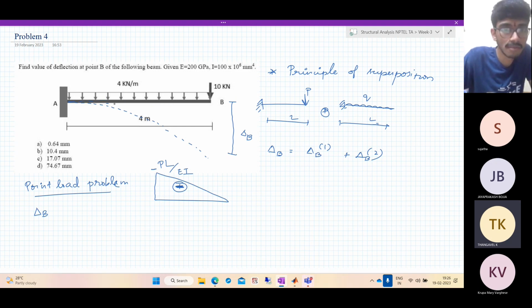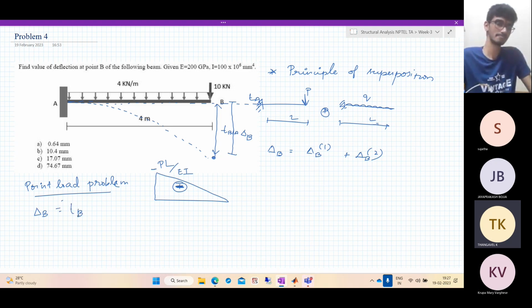It has to be along the beam, horizontal. So this is the tangent drawn at point A. So delta B is nothing but, by definition, T of B with respect to A.